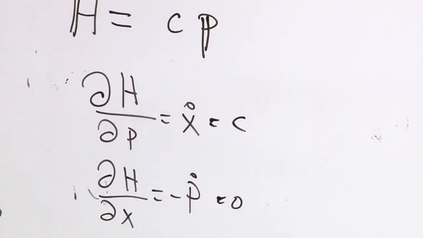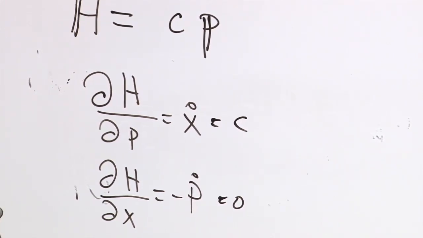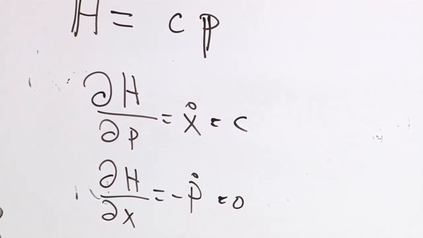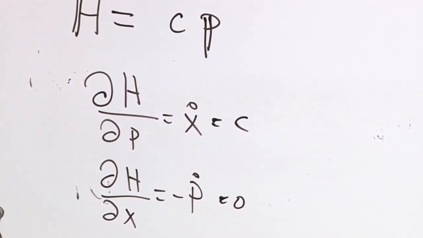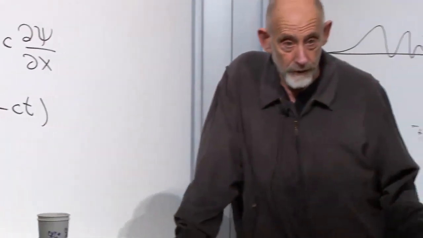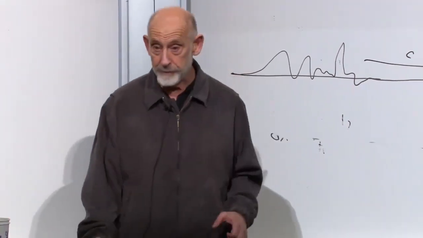In quantum mechanics, the whole probability distribution in this case, this is a very, very simple case, sort of engineered just to have a simple answer, the whole probability distribution moves, but in particular, the expectation value of x moves with velocity c. So the expectation value of the position behaves according to the classical equations of motion.